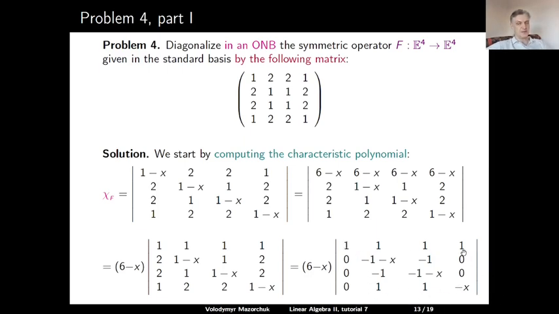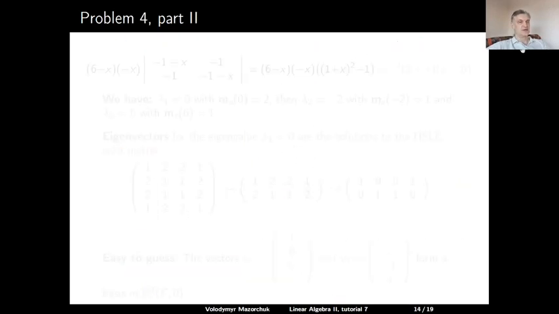And the 3 times 3 matrix is in turn block lower triangular with a block minus x and this 2 times 2 matrix. So this determinant is equal to 6 minus x times minus x times the determinant of the 2 times 2 matrix minus 1 minus x, minus 1, minus 1, minus 1 minus x.